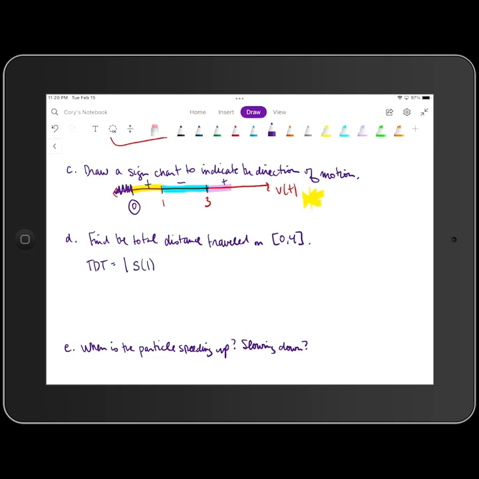So that's going to be s of 1 minus s of 0, plus the next displacement we're going to calculate, the one in light blue. So that's going to be s of 3 minus s of 1. We're going to take the absolute value of that. And then to that, we're going to add our third displacement, which is the displacement from time t equals 3 to time t equals 4.